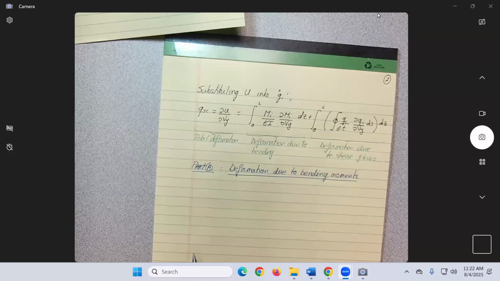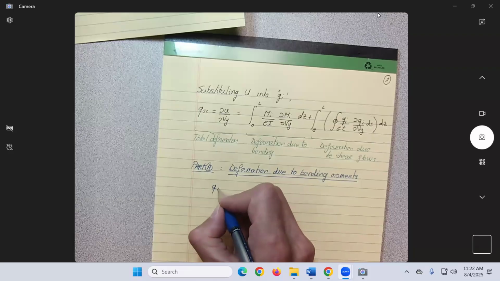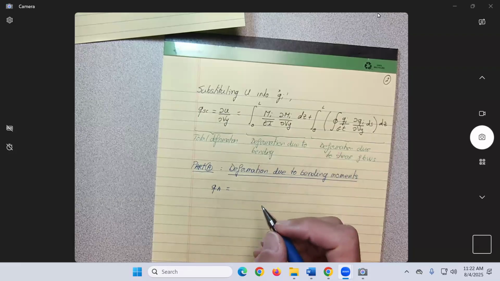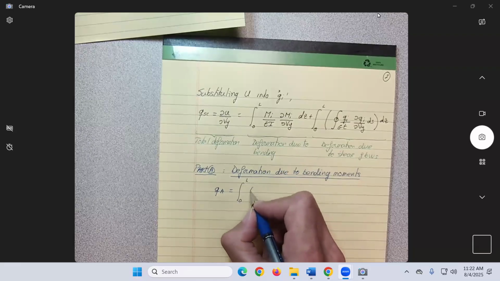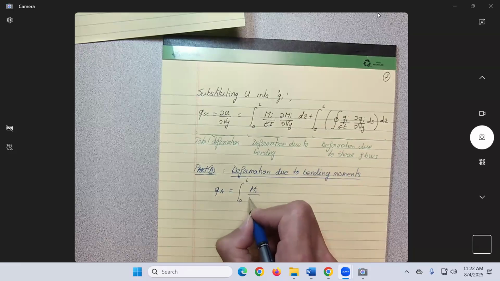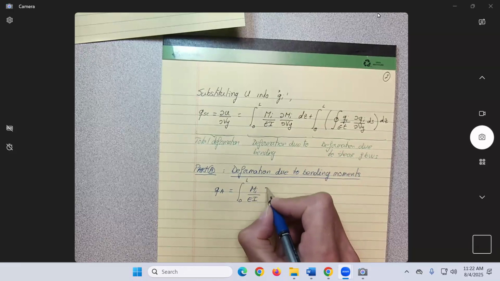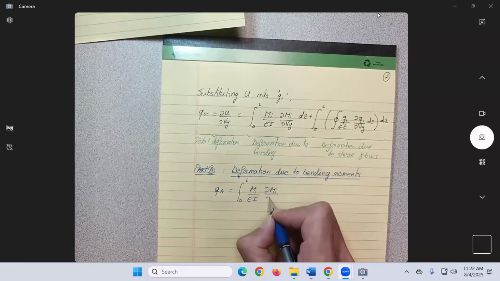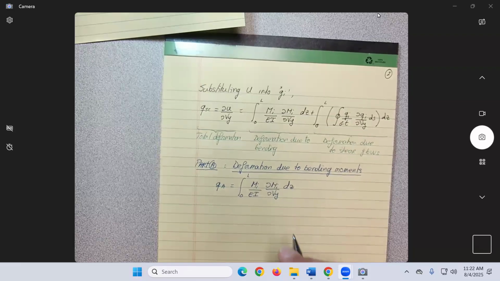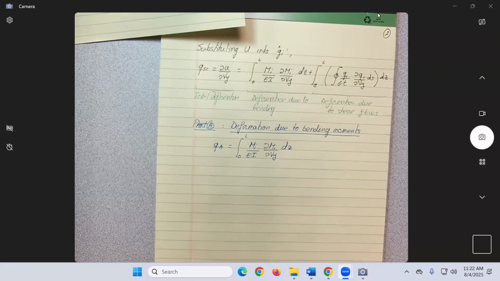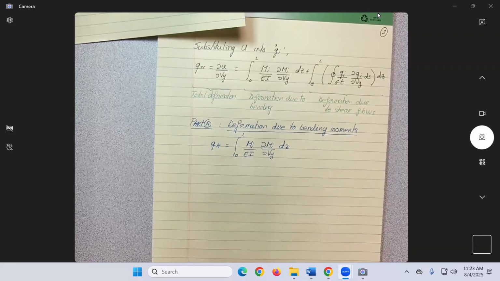And then when you do a lot of work, just to add something. So let's call this one Q sub A, let's say bending, okay? Will be the first term, which is integral 0 to L M sub I over EI partial of M sub I partial Vy dz.